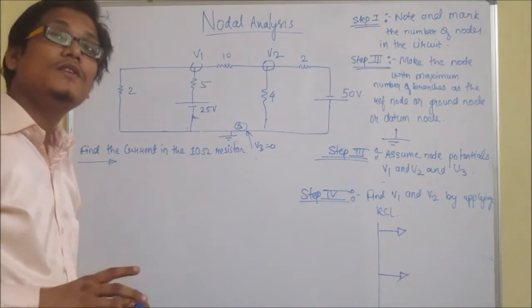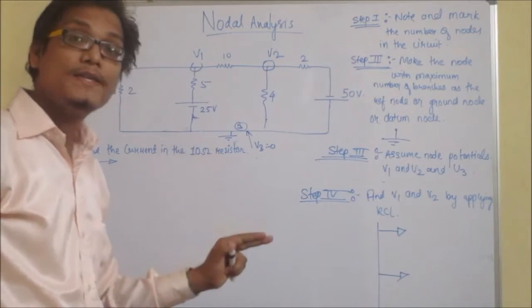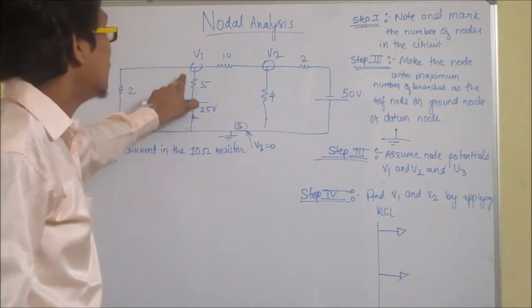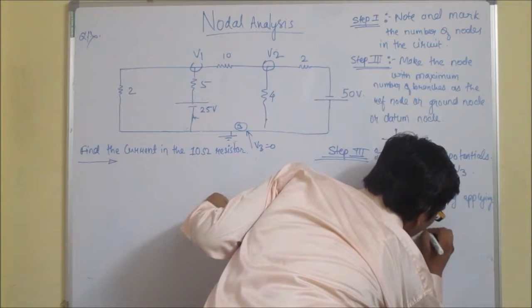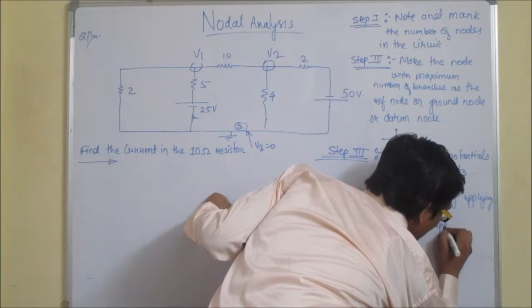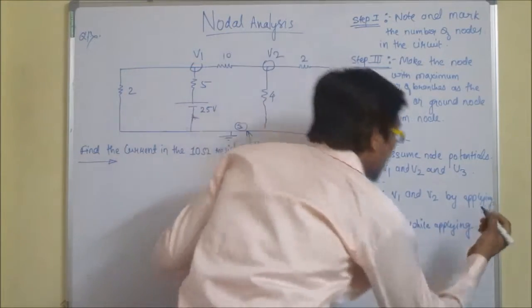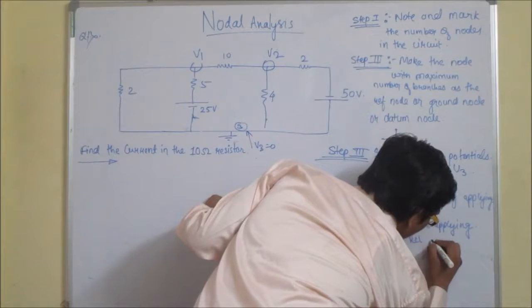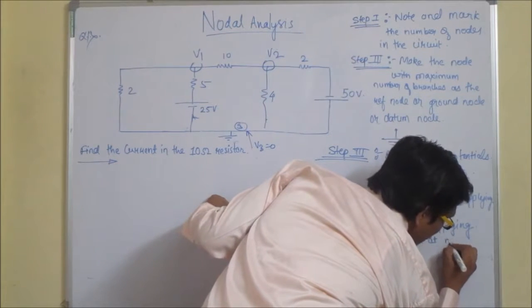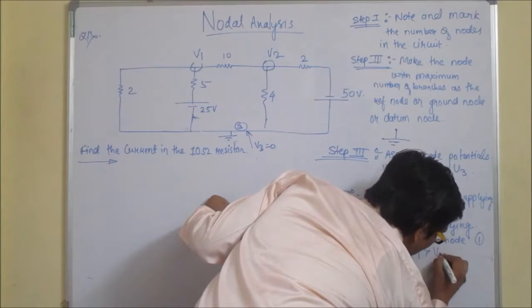While applying KCL at node 1, V1 is greater than V2.